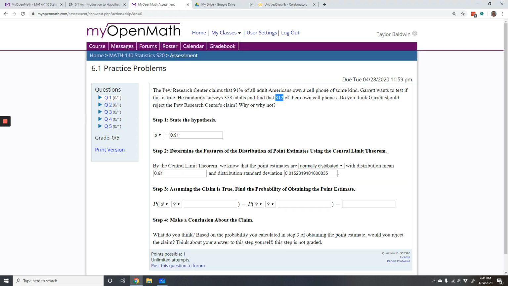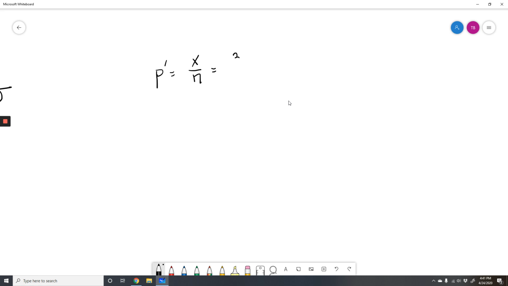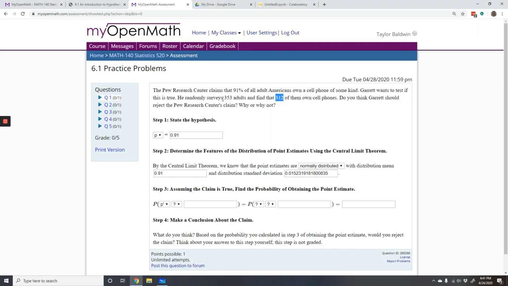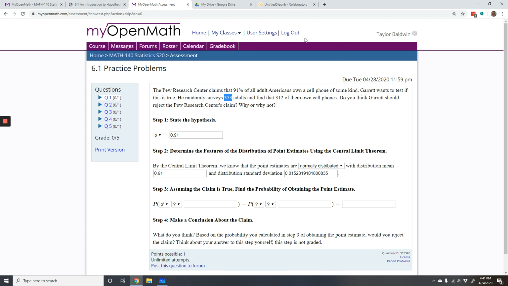In this case, 312 of them own cell phones, so that's the characteristic we're looking for, divided by the total number of members of the sample, which was 353 adults who were sampled. So I'm going to throw that into my notebook, and that's going to give me my sample proportion.